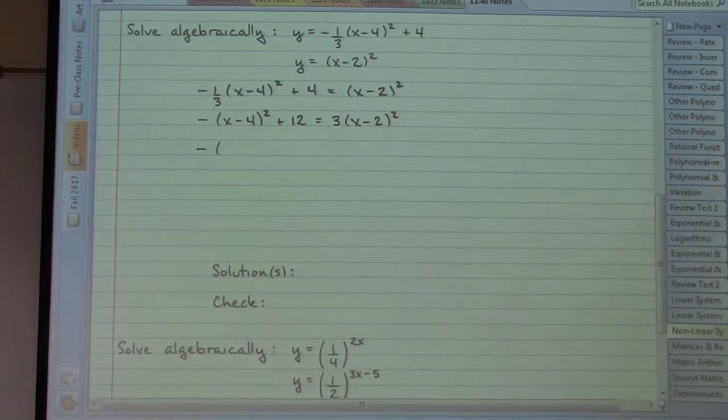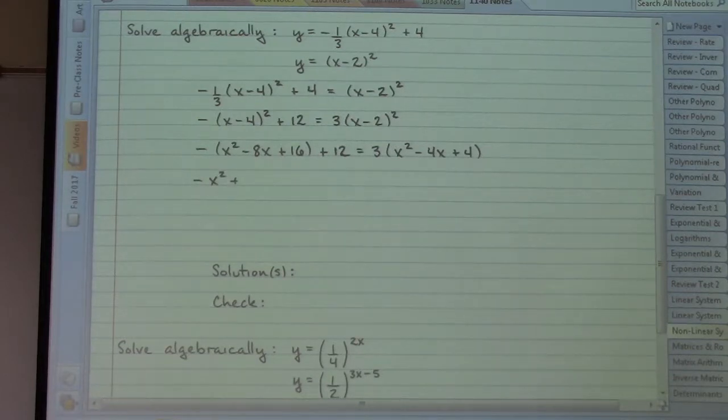So x minus 4 parentheses squared, I'm going to write that answer inside a set of parentheses here to make sure that I do not accidentally mess something up from having that negative out in front. Over on the right hand side, similar idea, I'm going to do the x minus 2 parentheses squared, but I'm not going to worry about that 3 out front. I'm just going to leave it sitting there for a moment while I do that x squared minus 4x plus 4. Now I'll go ahead and do my distributing here.